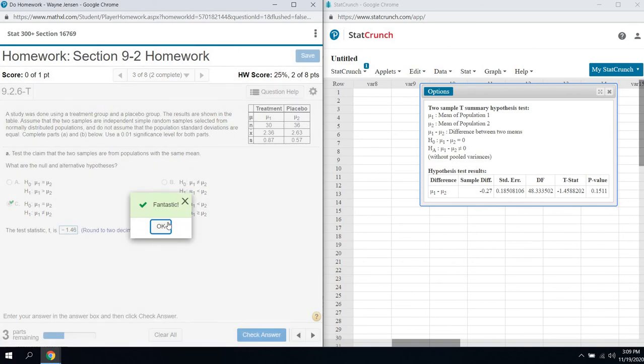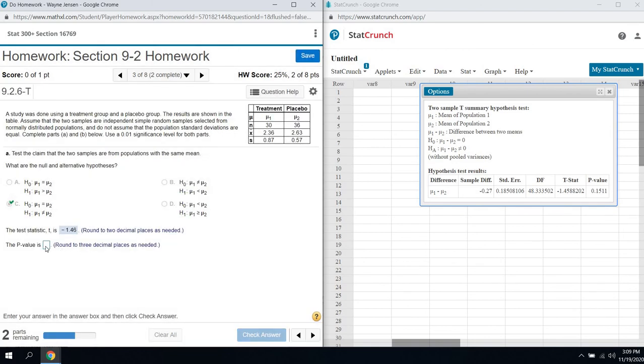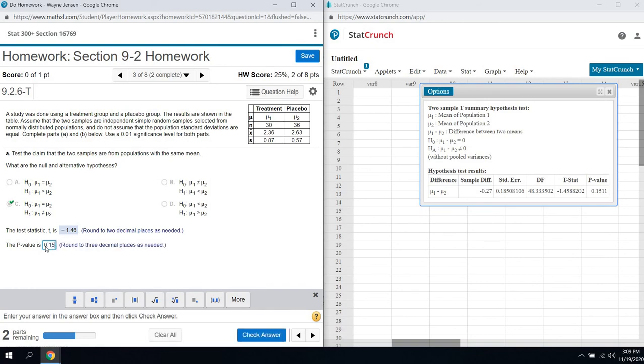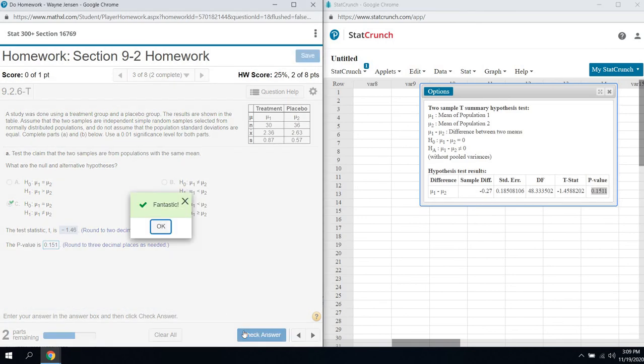And we check that. Fantastic. The p-value is written right next to that: 0.151, right? It wants me to stop at the third decimal place, so I look at the fourth decimal place. Out to the third decimal place, it should be 0.151. And we'll check that answer.